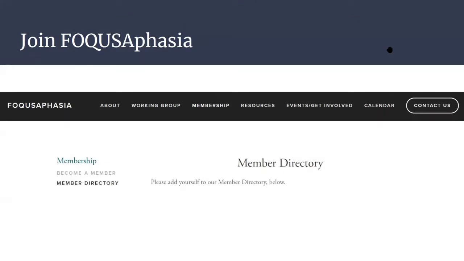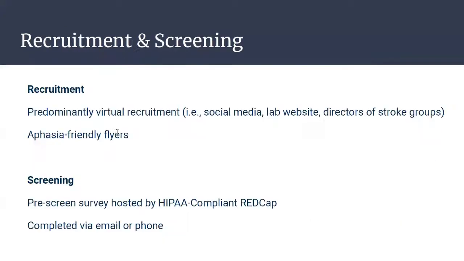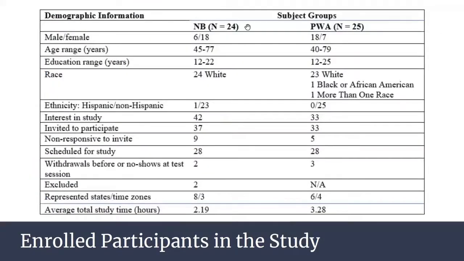Okay, we have a question from Mary. What were the ages of the participants, and how do you think this would work with other age groups? Anne, you want to talk about that one? Yeah. So in our non-brain damaged group, our NB group, I think our parameters were 45 to 80 years old.